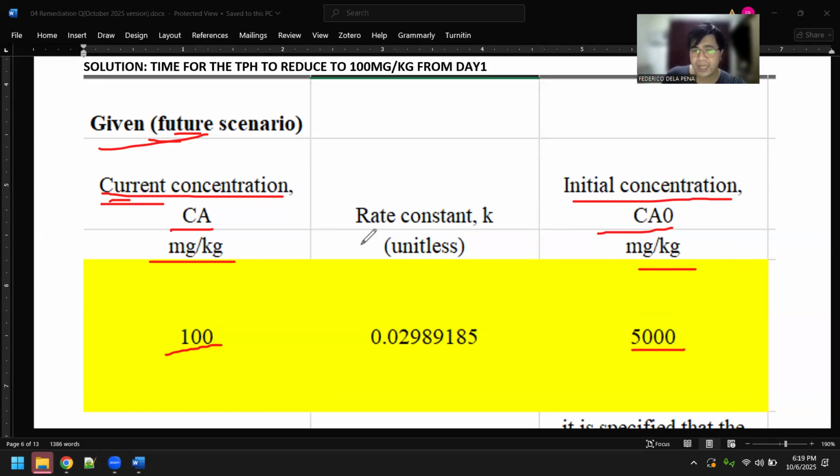Next is the rate constant, which is the rate of reaction for this given chemical under this site condition. This rate constant is site specific and chemical specific, and we have determined it as approximately 0.03 from our sampling data.